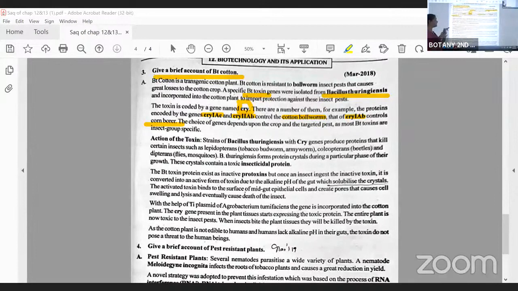Now comes how it acts. The BT cotton, the BT gene, has some proteins in it. These proteins will be in liquid form in the host plant.